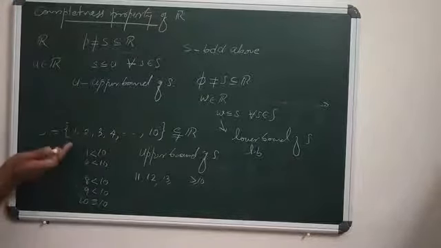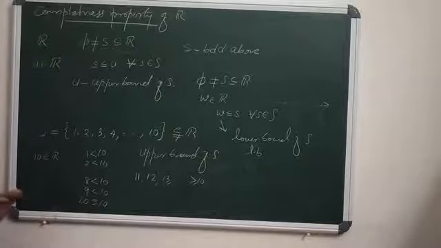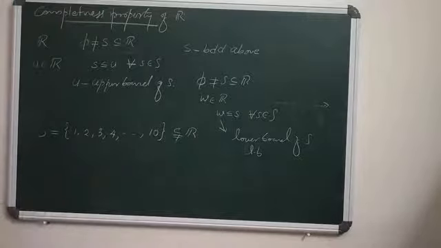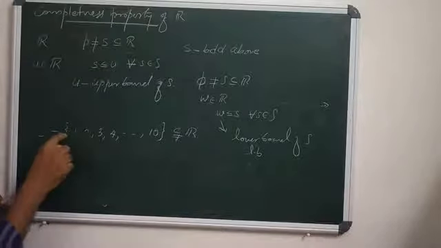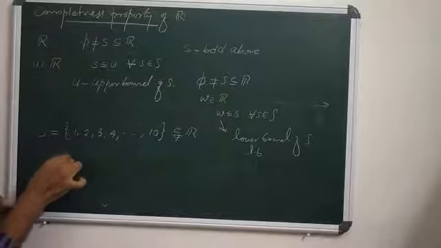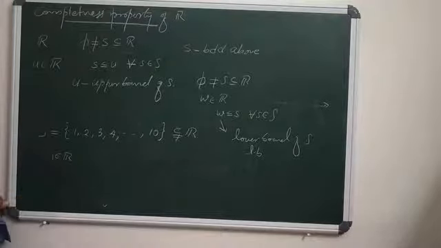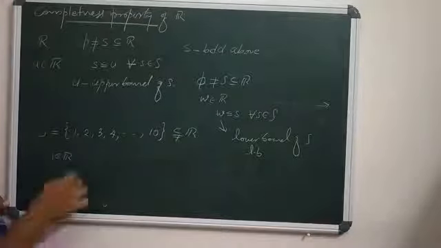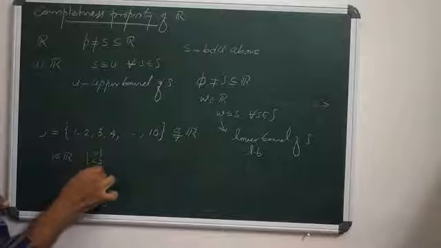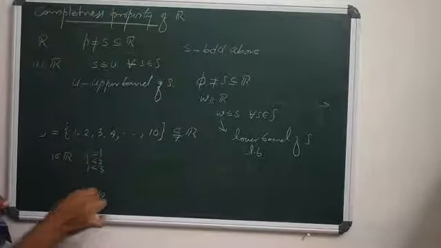So listen here. What is S? S equals the set {1, 2, 3, 4, etc.}, surely a non-empty subset of R. We know that 1 is in S, so you can choose 1. 1 is a real number, and it is also present in S. Surely 1 equals 1, 1 is less than 2, 1 is less than 3, etc., 1 is less than 10.